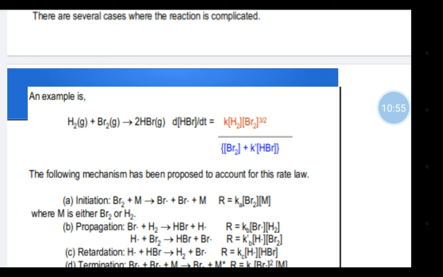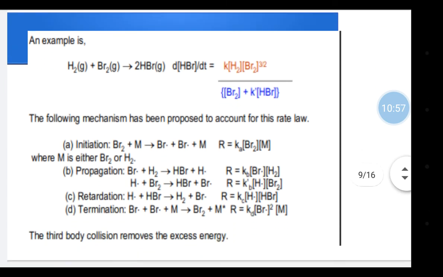Now, the following mechanism has been proposed to account for this observed rate law. It involves several steps: initiation, two propagation steps, a retardation step, and a termination step. In the last step, you can see the presence of the species M. It is the third body collision given in this termination step.